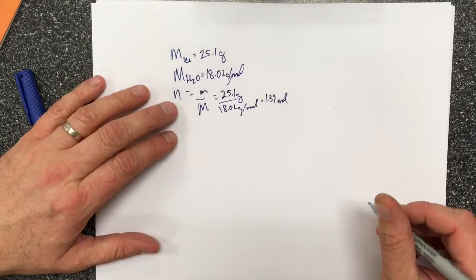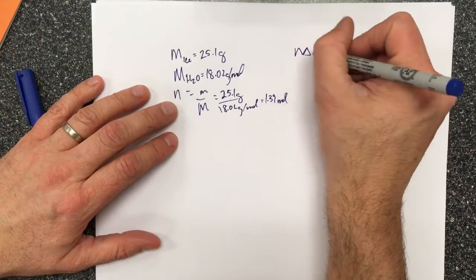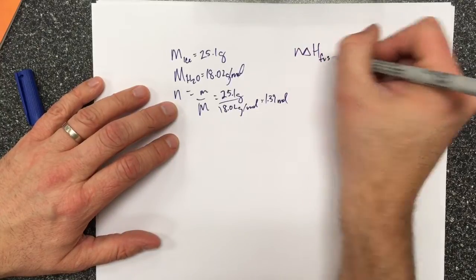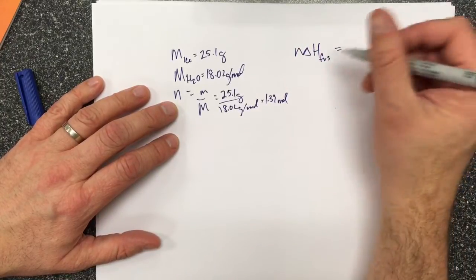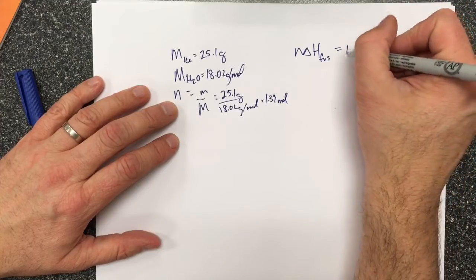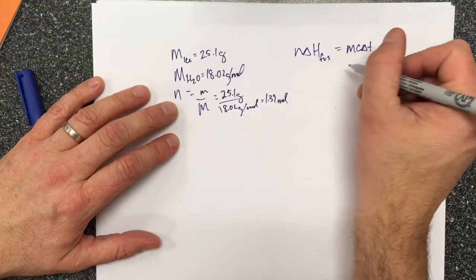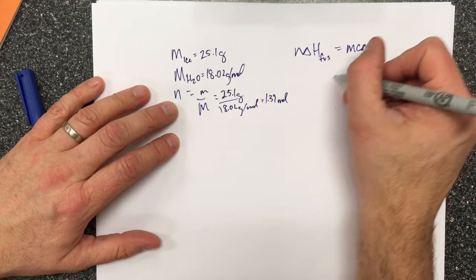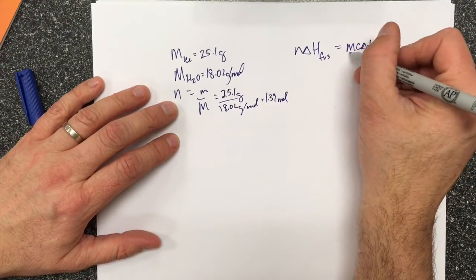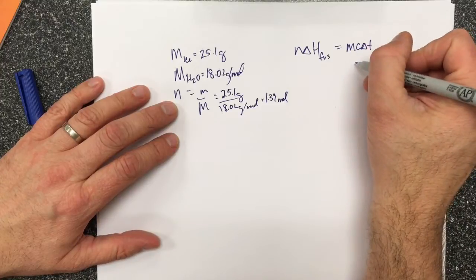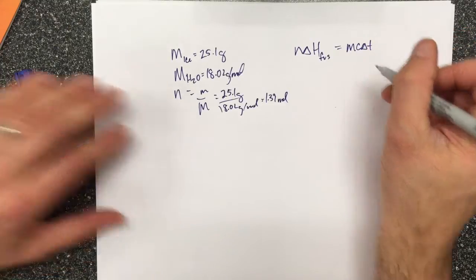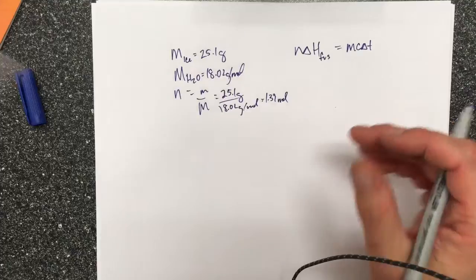Now, n delta H fusion, because we're talking about the ice now, melting or freezing, equals mc delta T. Well, my calorimeter has 200 grams of water, because it was 250 milliliters of water, specific heat capacity of water, and temperature change of water. My temperature change is the greatest change.